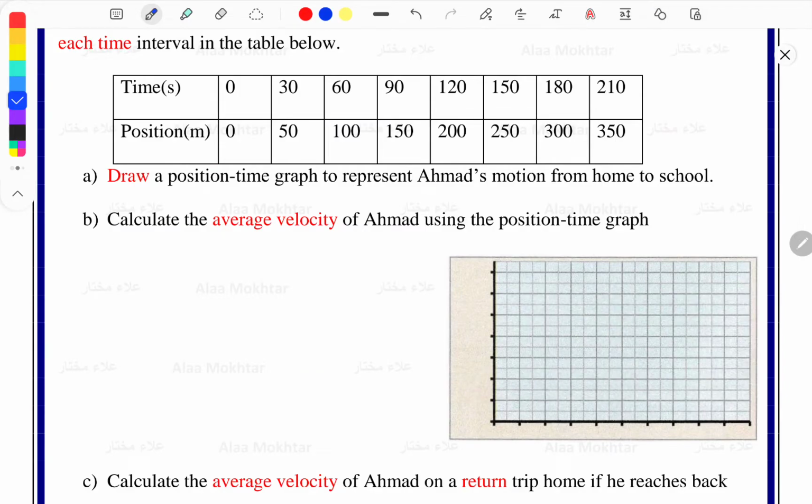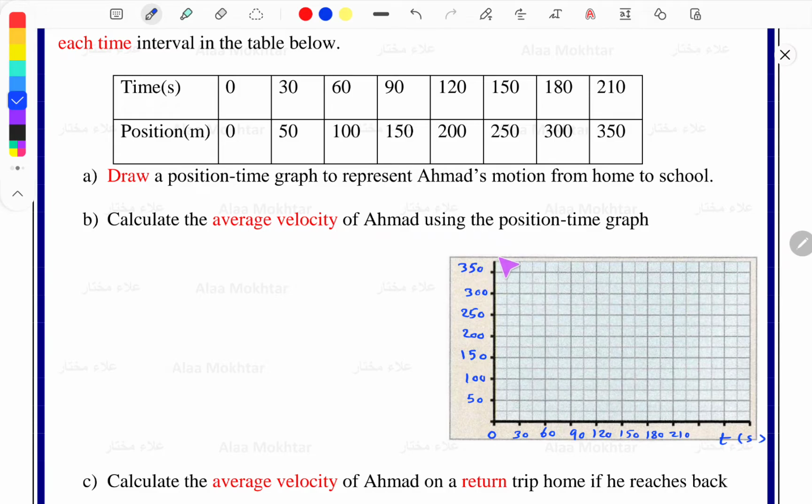We can make it like that: time 0, 30, 60, 90, 120, 150, 180, 210. This is the time in seconds. What about position? Position 50, 100, 150, 200, 250, 300, 350.